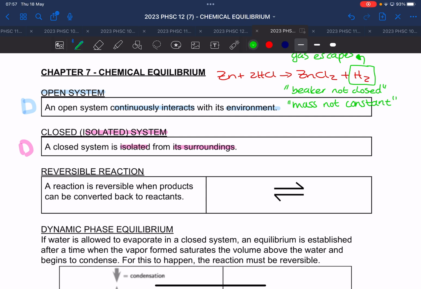So that is where you have the lid on, or the mass stays constant, or they collect all the gas. So nothing is lost. Everything stays in the environment where it is.